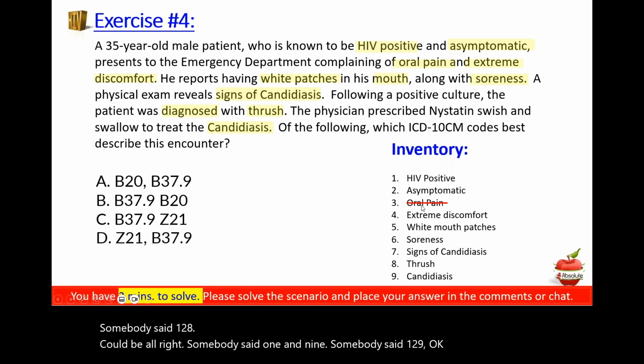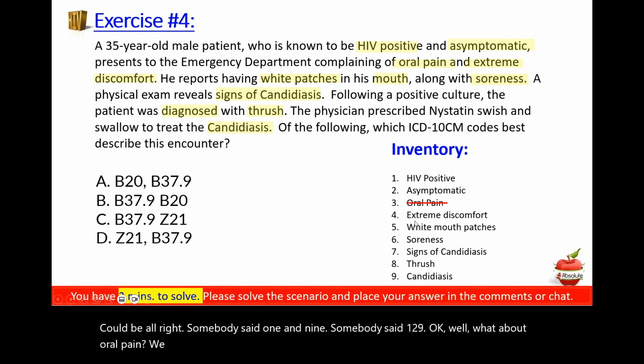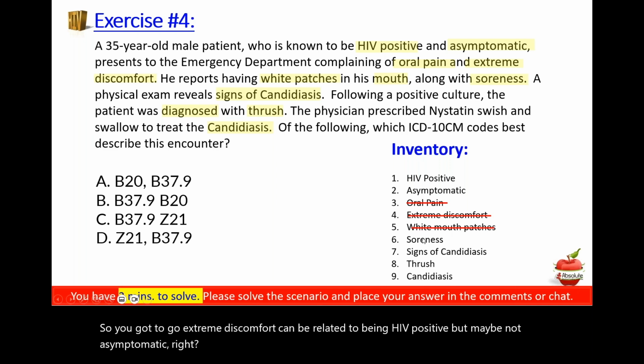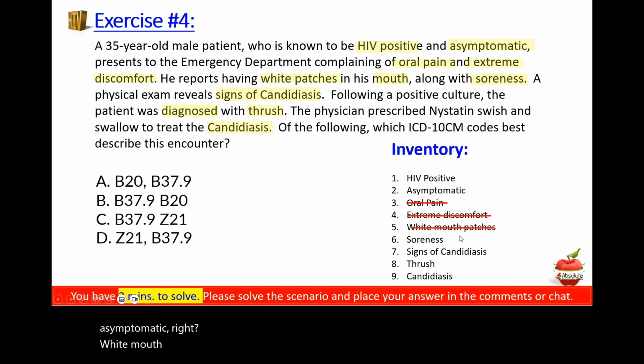Okay. Well, what about oral pain? We know oral pain is related to both thrush and candidiasis, right? Extreme discomfort can be related to being HIV positive, but maybe not asymptomatic, right? White mouth patches, yeah, thrush, candidiasis.